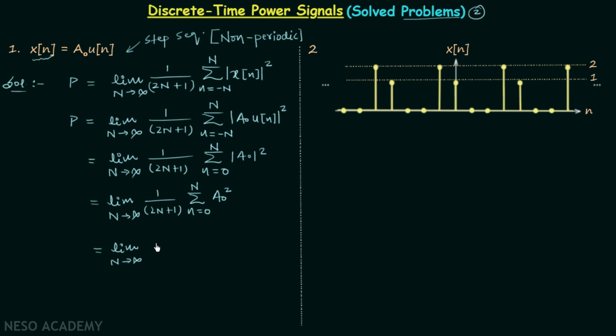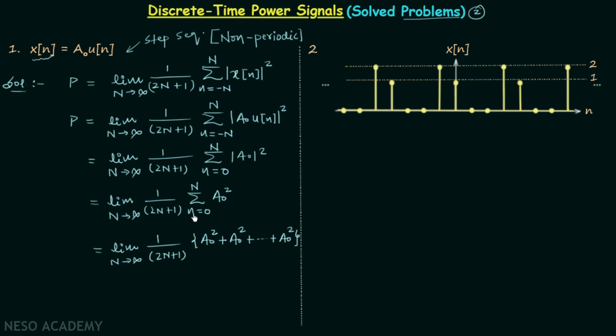Limit n tending to infinity 1 over 2n plus 1, and then we have a0 square when n is equal to 0 plus, because we are performing the summation, a0 square when n is equal to 1. Similarly, all the way to a0 square when n is equal to plus n.